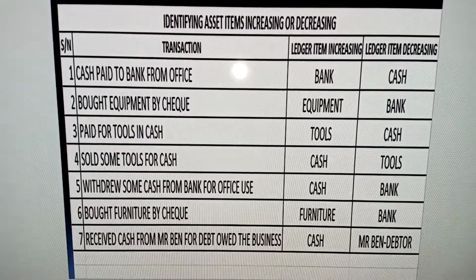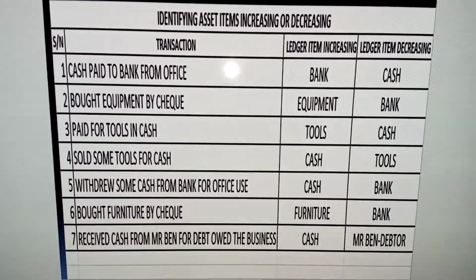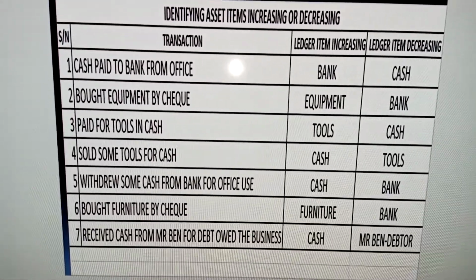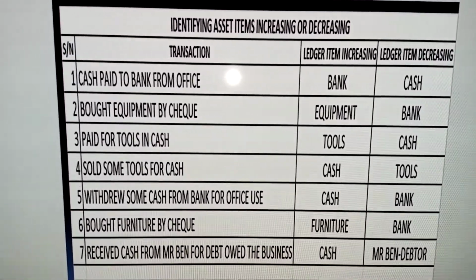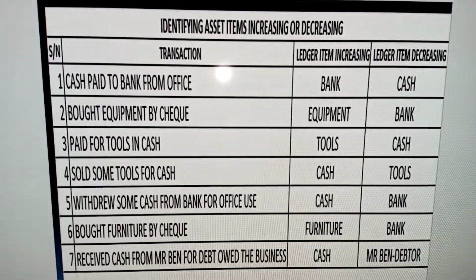So with this understanding, in our class of illustration, it will be easy to comprehend why an asset item is debited or an asset item is credited.